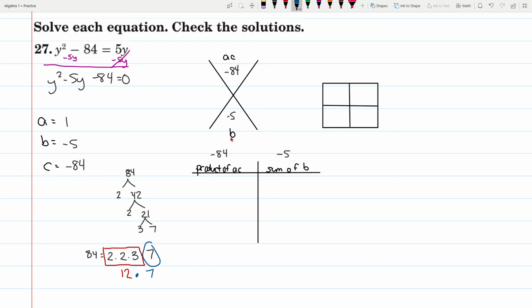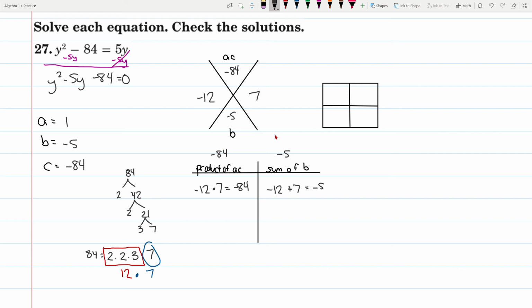So if 12 times 7 is 84, and I'm trying to get to negative 5, let's call that 12 the negative portion. So negative 12 times 7 is that negative 84, and negative 12 plus 7 is negative 5. And so negative 12 and positive 7 are what we're looking for here.